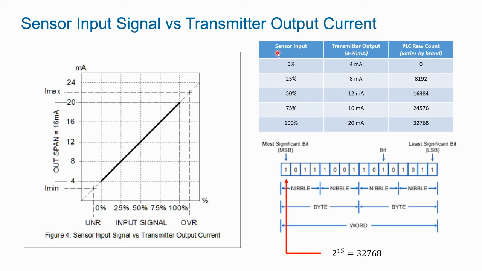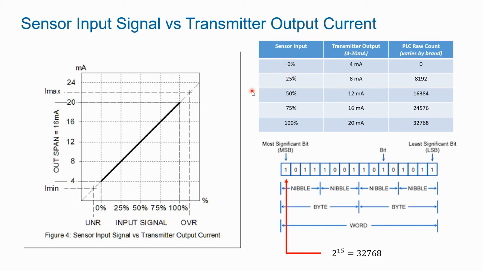So if we're talking pressure, and the pressure transmitter is 0 to 100 psi, then 0% of that sensor is 0 psi, 100% is 100 psi, so 50% is 50 psi, 75% is 75 psi, and 25% would be 25 psi, right? So 0 to 100 psi is an easy conversion.